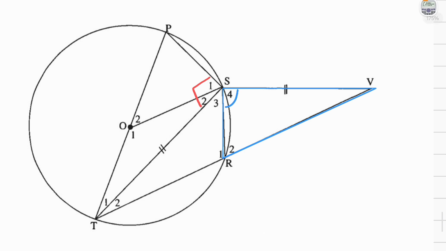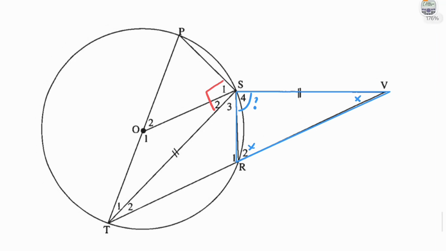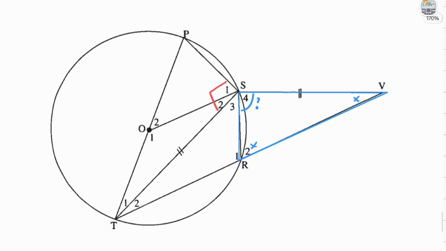To find angle S4, we would need to understand what exactly angle V is and angle R2. Right now angle V seems easier to start with because they gave us these two sides being equal. If these two sides are equal, we have an isosceles triangle, and we know that the angles opposite the equal sides would be equal. So these two angles would be equal.